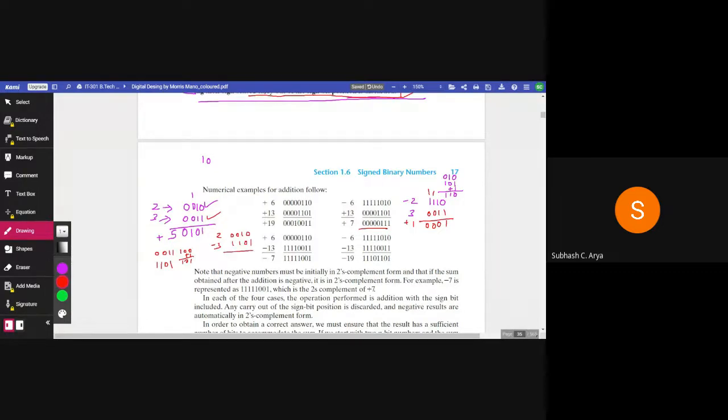After that we add. So 0 plus 1 will be 1. 1 plus 0 will be 1. 0 plus 1 will be 1. And 0 plus 1 will be 1. Now you see, this leading 1 indicates a negative number.